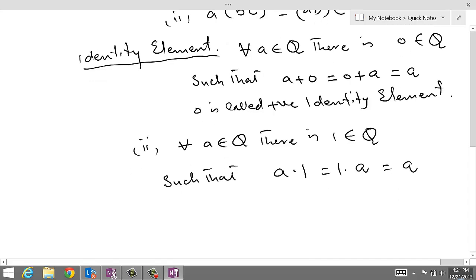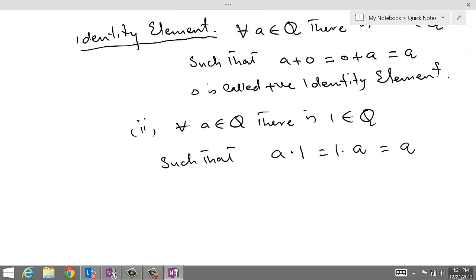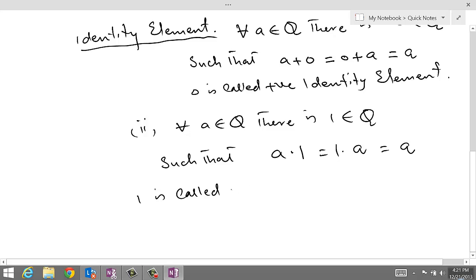So 1 in this case is called multiplicative identity.